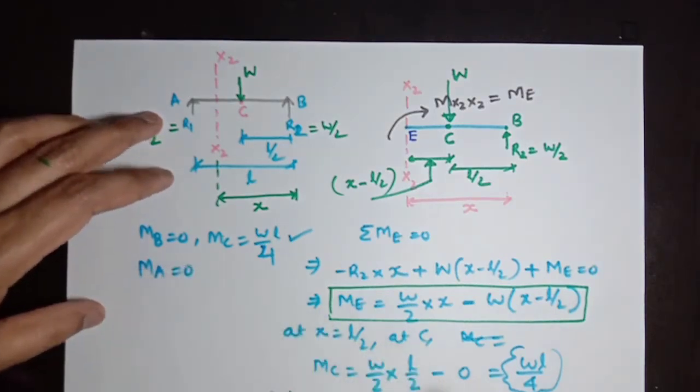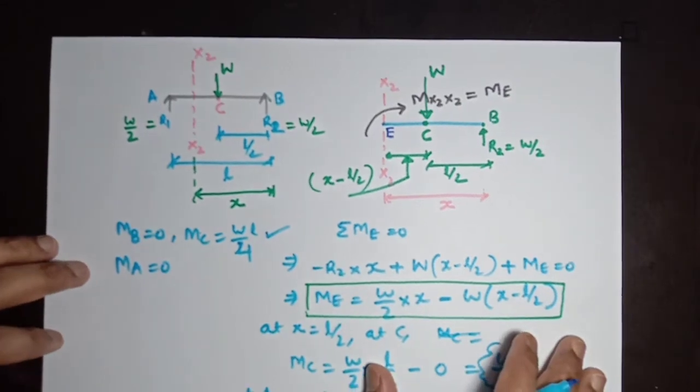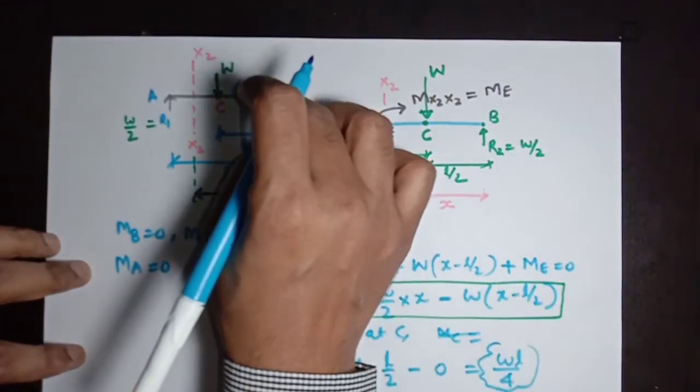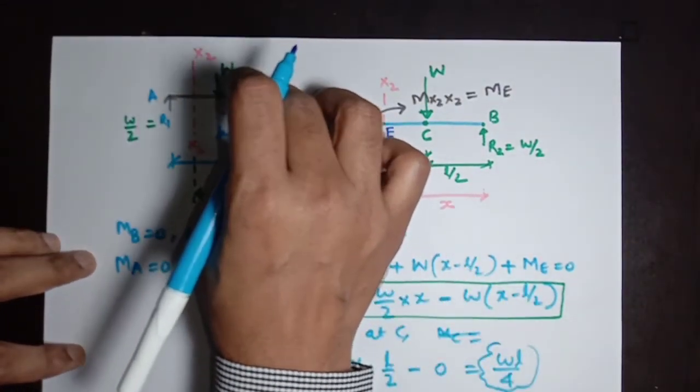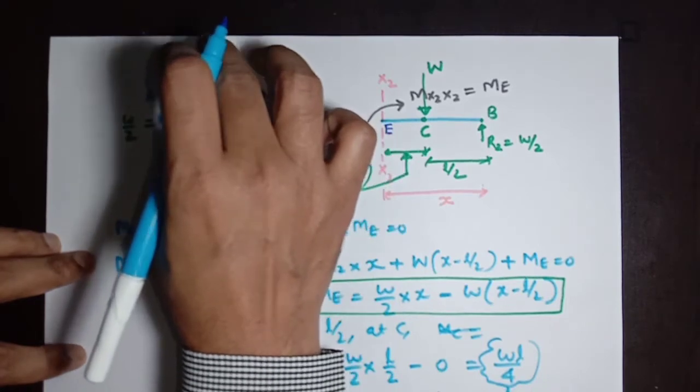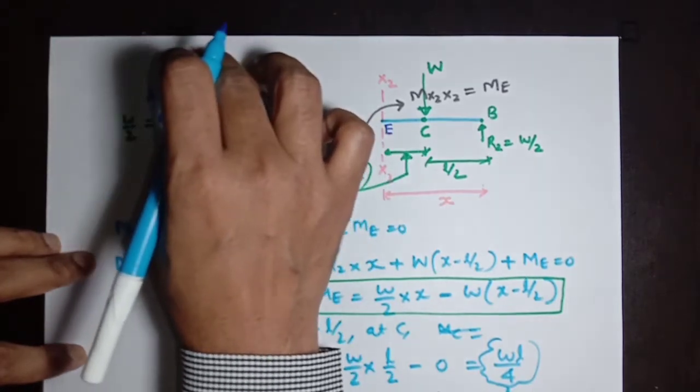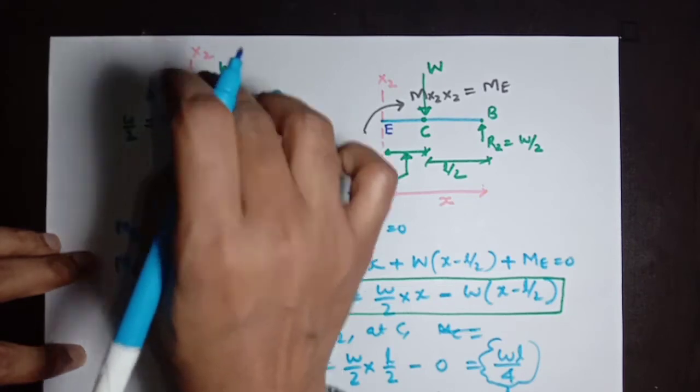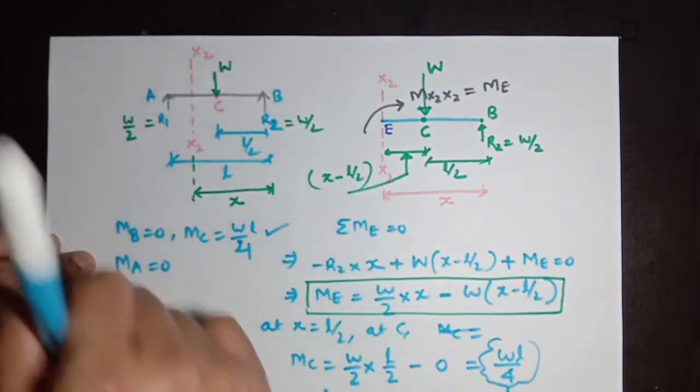So the bending moment diagram can be drawn very easily. It is linearly increasing from 0 to some value WL by 4, and from this it is decreasing to 0. So the bending moment diagram will be here.